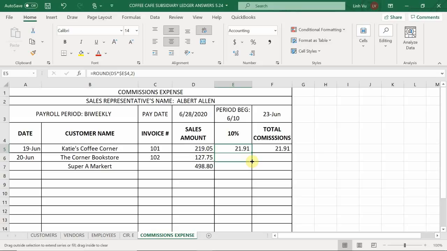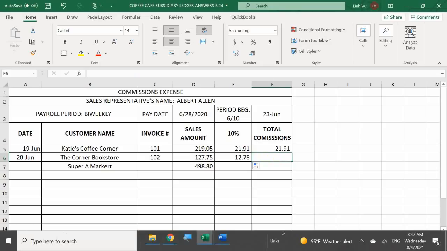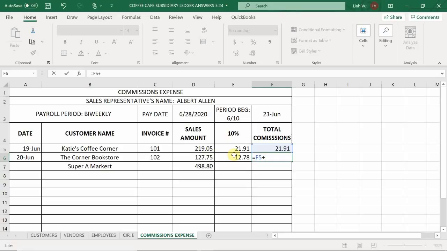What's 10% of the sales? 127.75 times 10% is $12.78. Good. For total commissions, I want you to do the same thing where we have a running balance. I'm going to add 21.91, because that's what I owe him so far, plus he just earned $12.78.